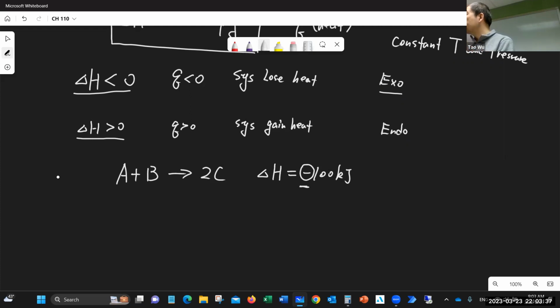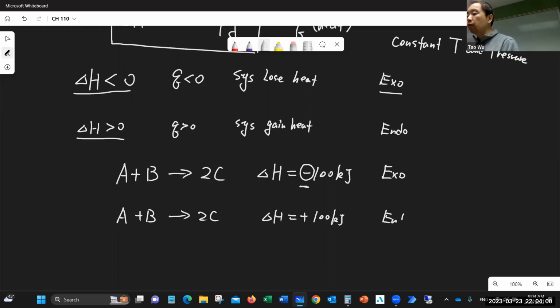It's an exothermic reaction. You can base on the sign to figure out this is an exothermic reaction. If you have A plus B to 2C and delta H is a positive 100 kilojoule, then this means it is endothermic. So the sign is telling you this meaning.